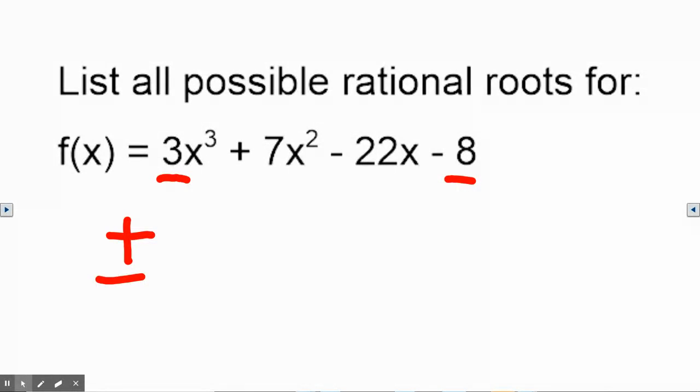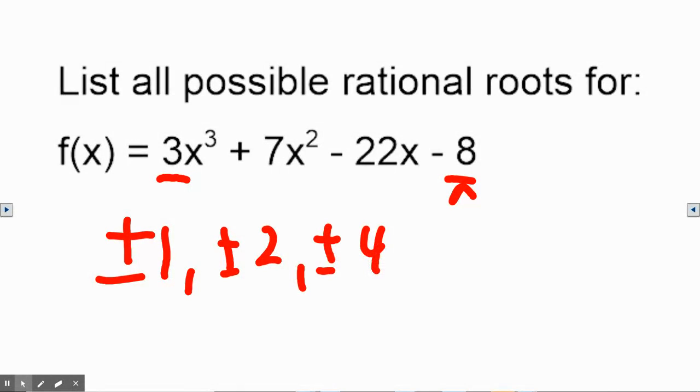So if we wanted to make a list, we would get the possible factors of 8: 1, 2, 4, and 8, divided by the factors of 3. The factors of 3, of course, are just 1 and 3. So I could have all these over 1, which is why I already wrote them, and then I could do all of them over 3.